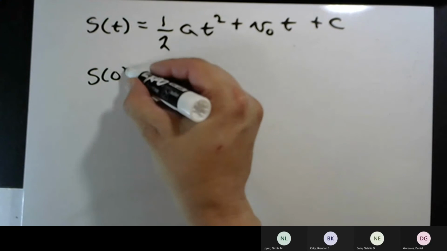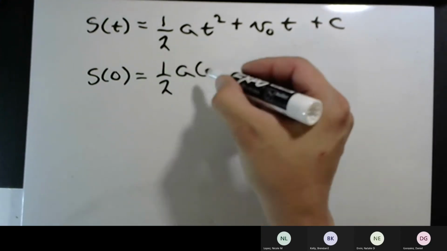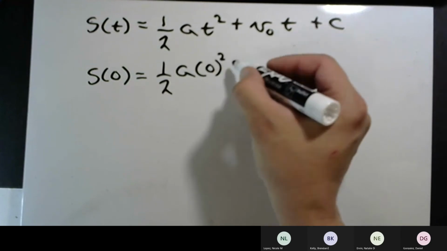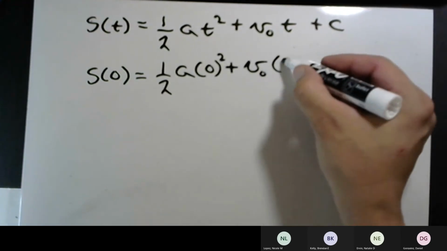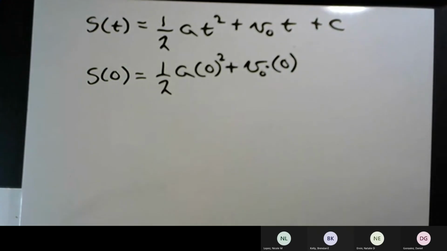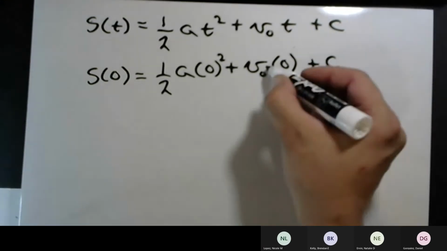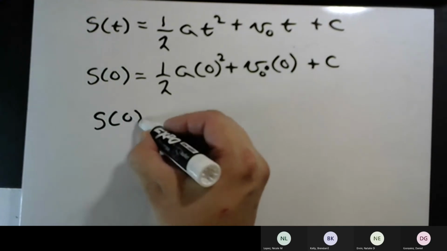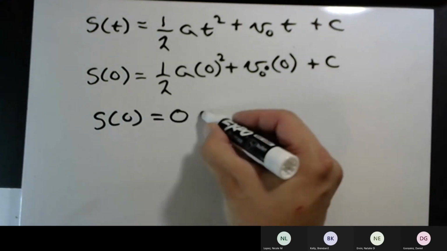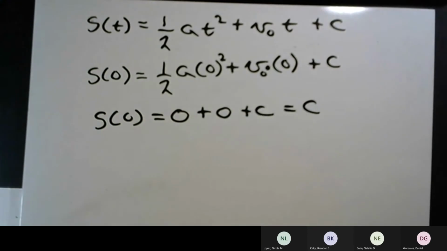So the S0 is 1/2 A 0 squared plus V0 times 0. Now, this is a multiplication, not a function of, plus C. This is 0. This is 0. And that's a multiplication in there. So if S of 0 is equal to 0 plus 0 plus C, which is just equal to C.